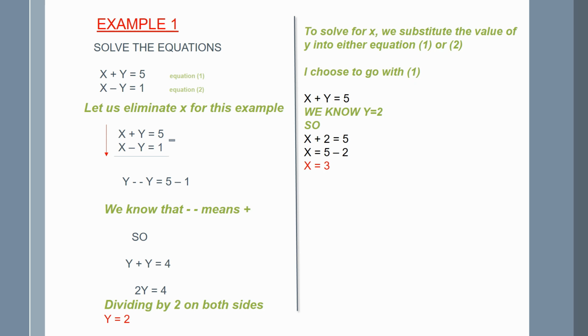To get the value of x, subtract 2 on both sides, x is 3. This example has shown us clearly how to find both values of x and y, which we have as x is 3 and y is 2.